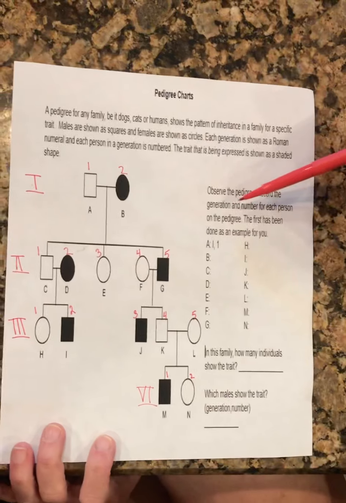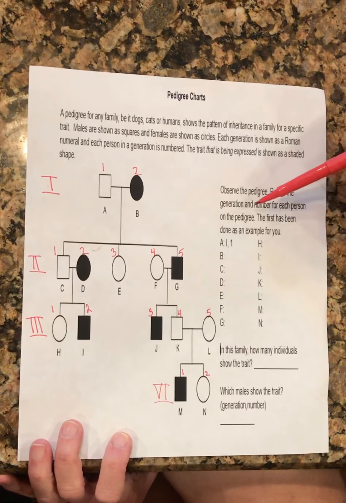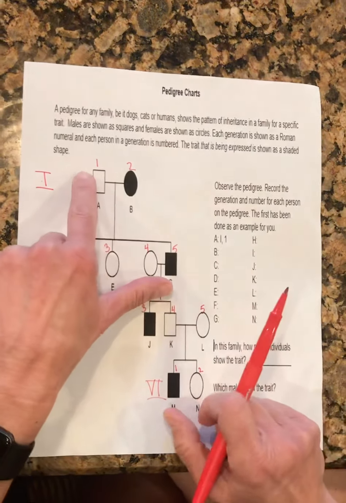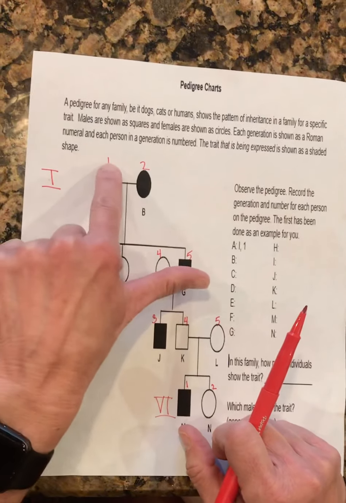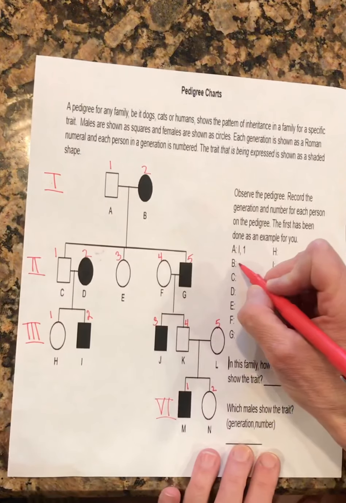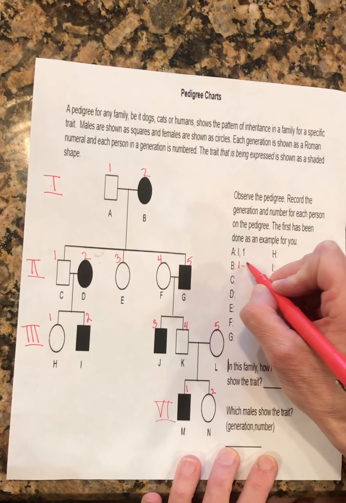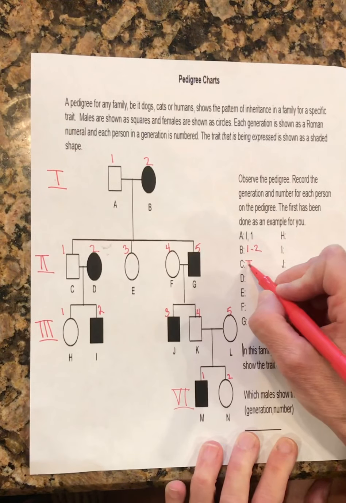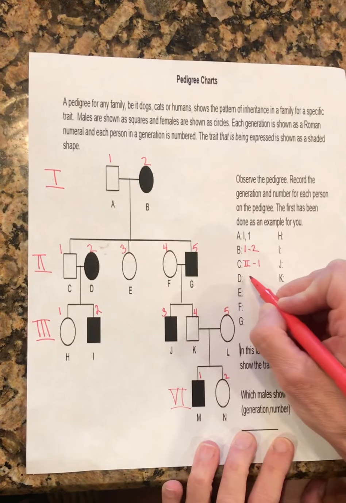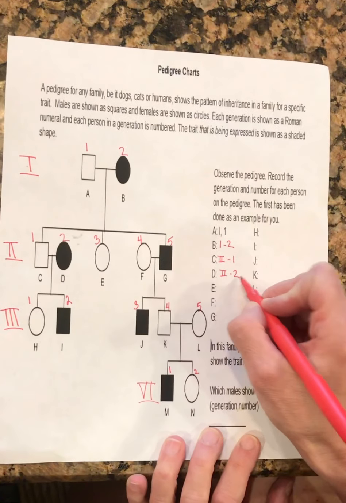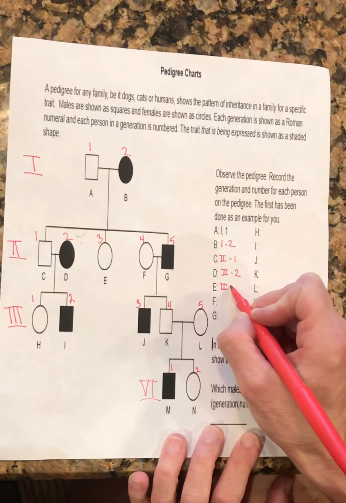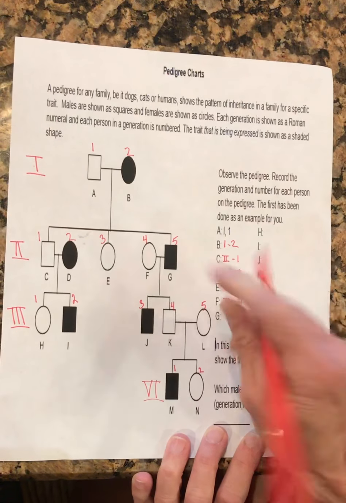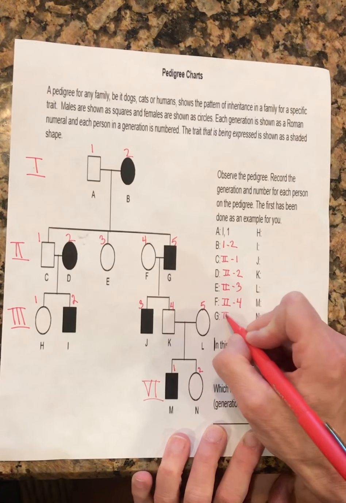Now we're going to record the generation and the number for each person. It already has on here, this is generation 1, individual 1. Then B is going to be generation 1, individual 2. Then going down to C, it's going to be 2, 1, 2, 2, 2, 3, 2, 4, and then 2, 5.